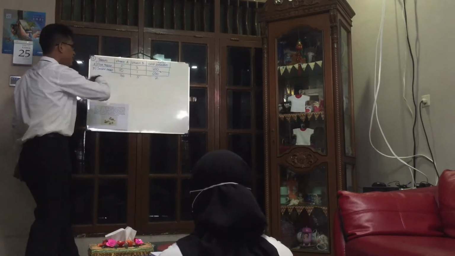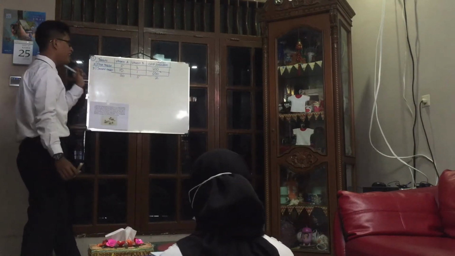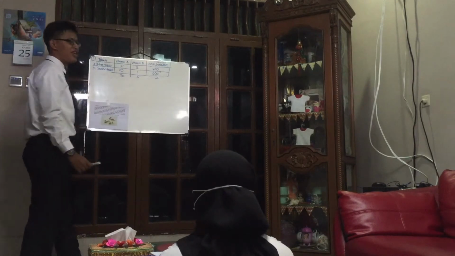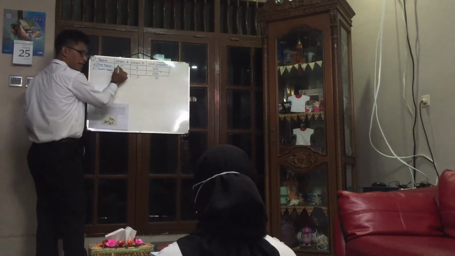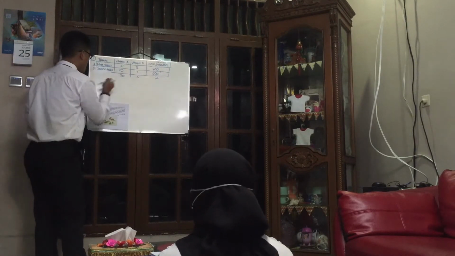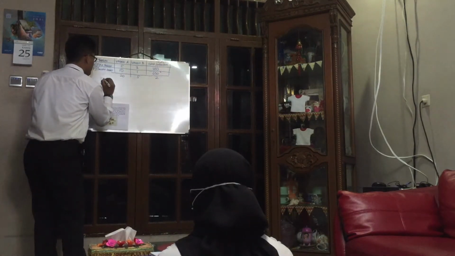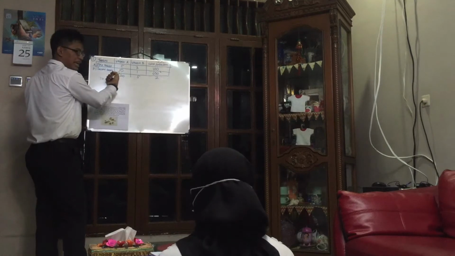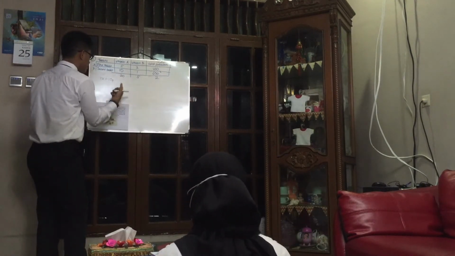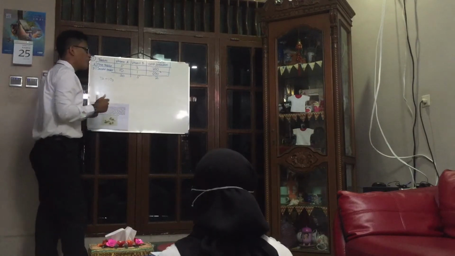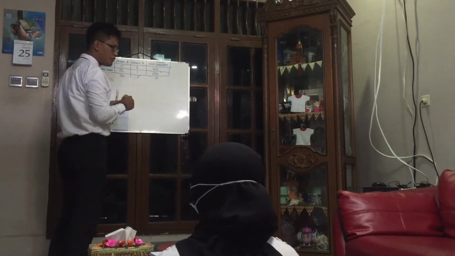Okay, after we make the table, we can make the mathematical model easily. We have 5 right here and x here, so we can write 5x plus 10y. More than or equal to, or less than or equal to? More than.